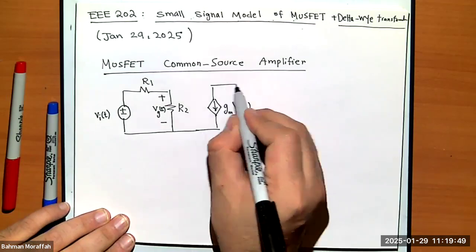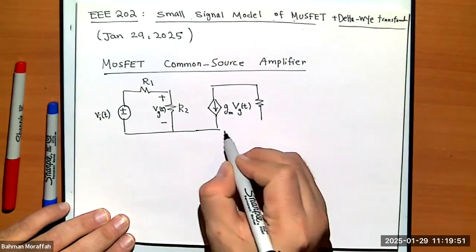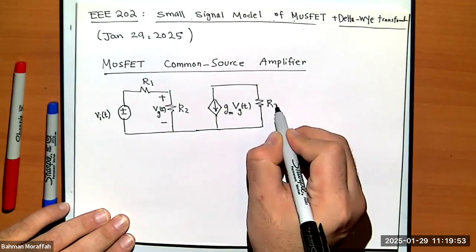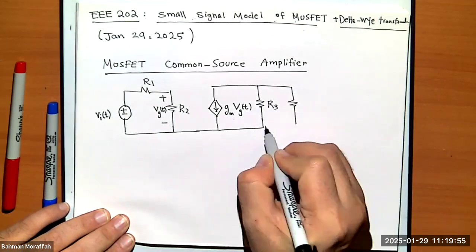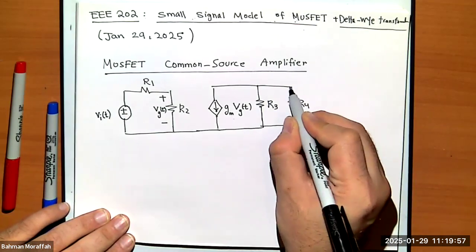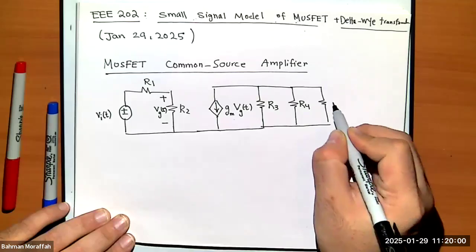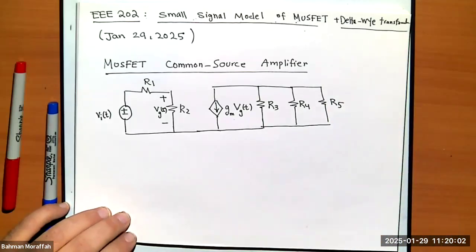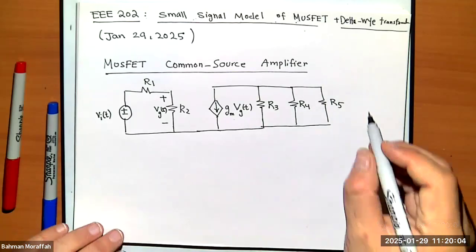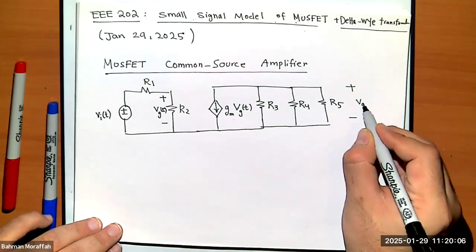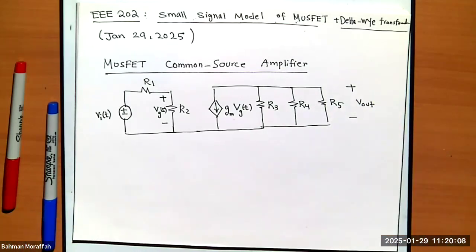Right? And it's followed by three more resistors, R3, R4, R5. And what we're interested in is the voltage across this R5. And like I said, whenever we're talking about these things, we're talking about gain.